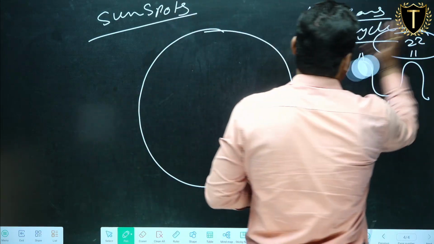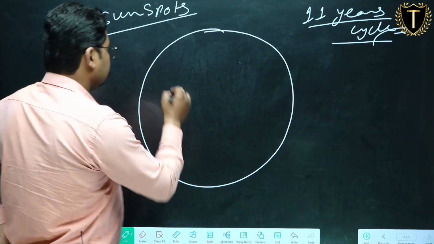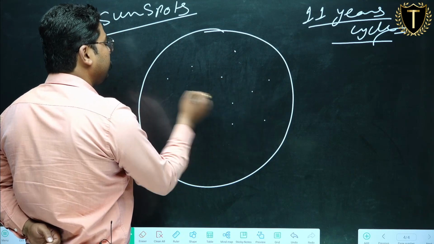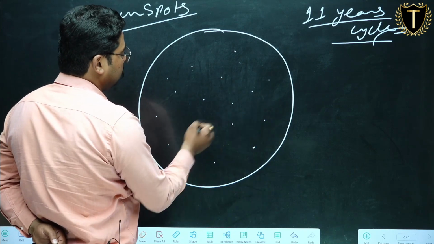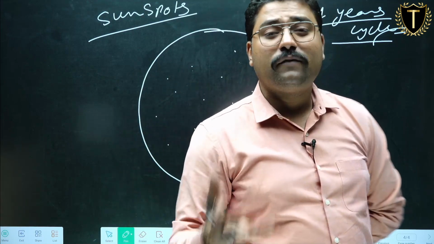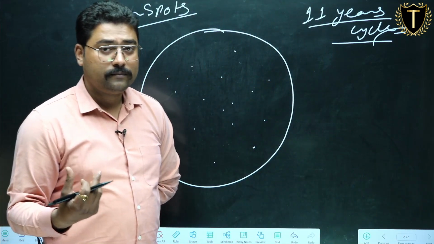Now, moving on to the next. What are they? Suppose these are sunspots. Simply you can remember them as pimples on the surface of the sun. Now you might be thinking the spot means the hydrogen of that surface has ended. So practically not.